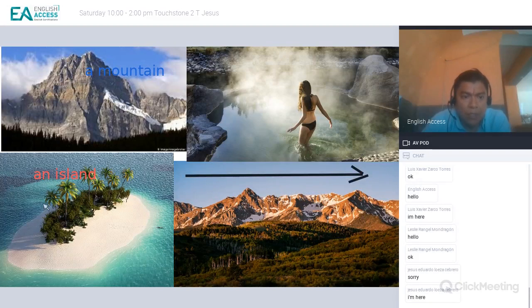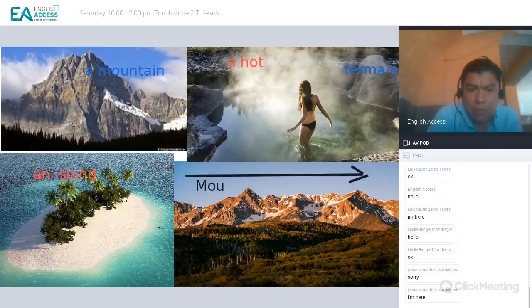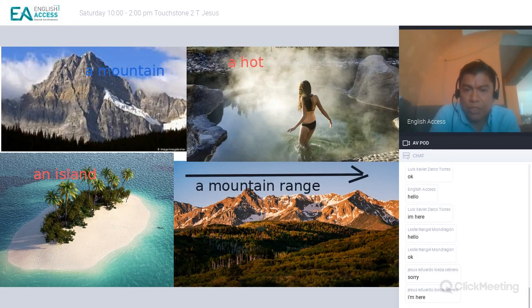Yes, a mountain is good, an island is good. And what about the bottom one? Yes, Leslie. What are you trying to write, Leslie? This bottom one is a mountain range.